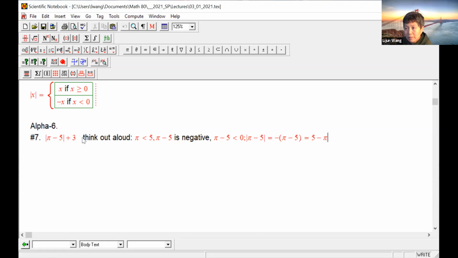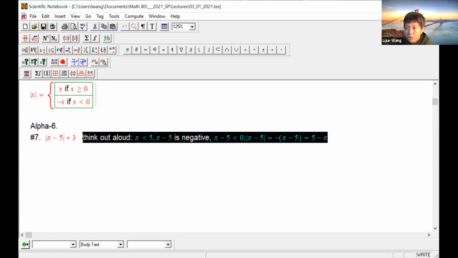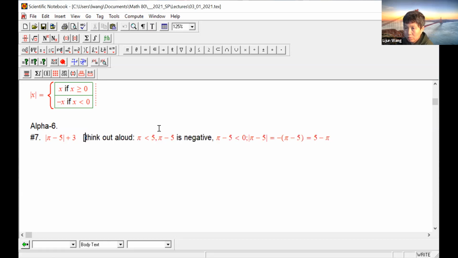Okay, so this part is the thinking out loud part. You don't have to show me. So let's continue and finish up the work. The part of the work you're going to show is this. You recognize pi minus 5 is negative.